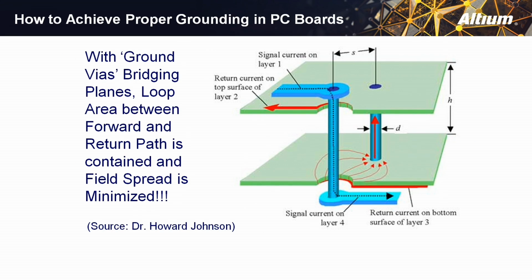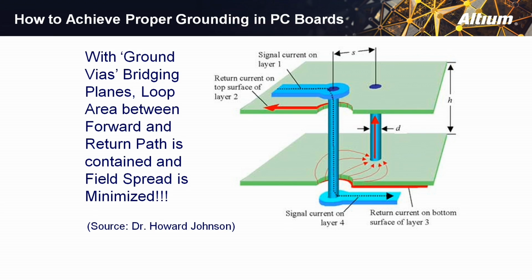Here's a picture from another study done by Dr. Howard Johnson, where he illustrated what happens when you have a ground via versus not having a ground via. And what's going on here, this is a 4-layer board with 2 ground planes. The energy is in the dielectric space between 1 and 2. When it gets to this hole, it couples through the hole and then couples back and forth between the signal via and the ground via.